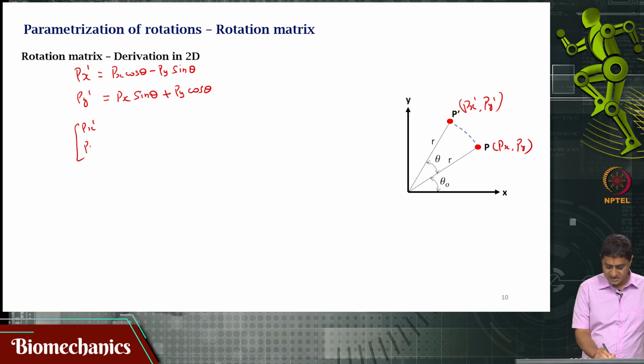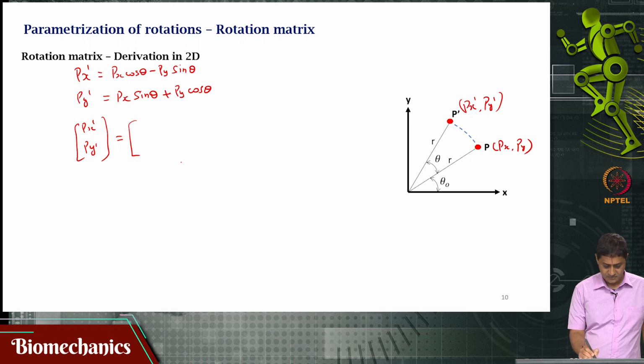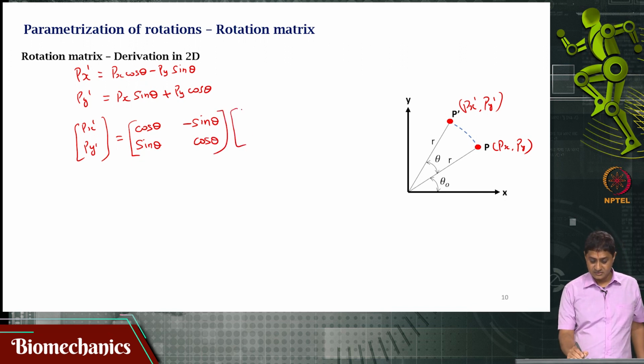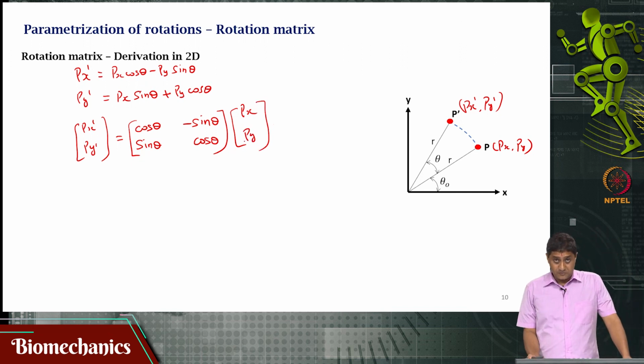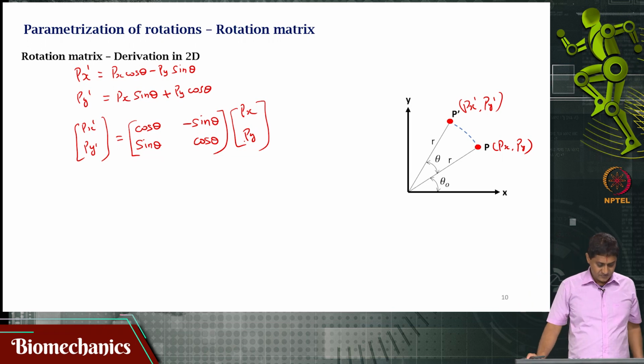This is Px dash, Py dash, the vector, is a 2 by 2 matrix, which is essentially cos theta, minus sin theta, sin theta and cos theta, times the original coordinates Px, Py. This is the formulation of the rotation matrix for this situation when the rotation happens by an angle theta in 2D, right.